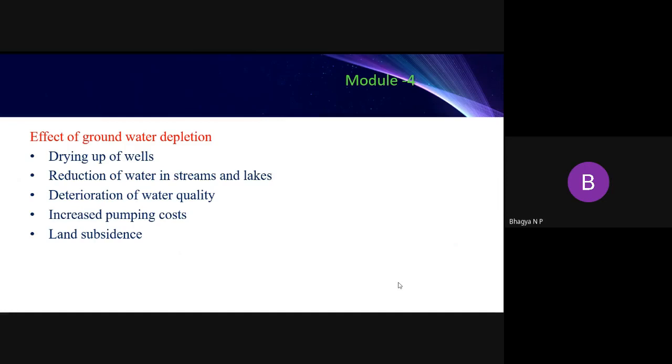Second is the reduction of water in the streams and lakes, and deterioration of water quality, increased pumping of water, and land subsidence. Because of these things, groundwater depletion is caused.